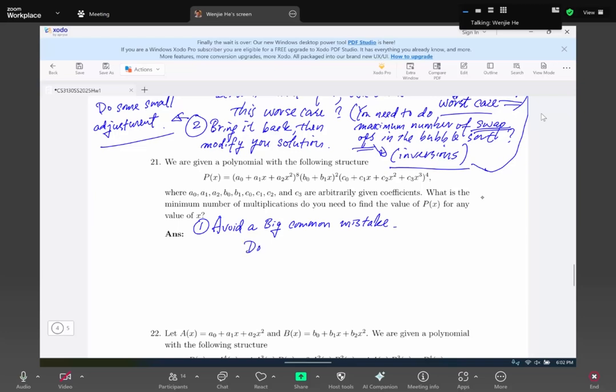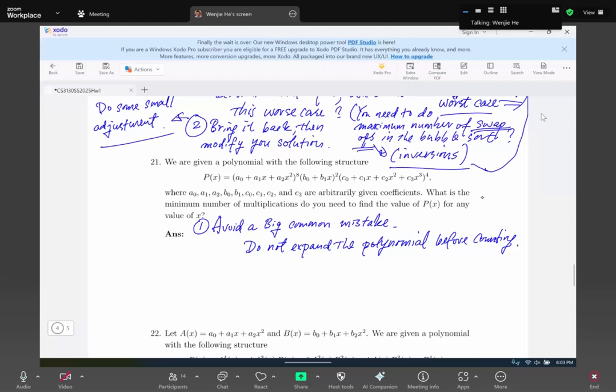Do not expand the polynomial before counting. Yeah, because many students expand the polynomial. Very messy. Very messy.